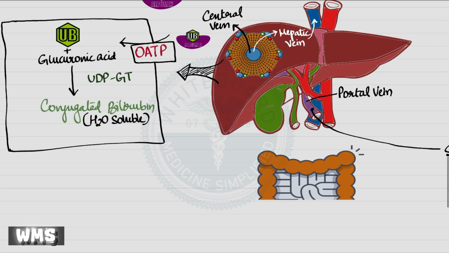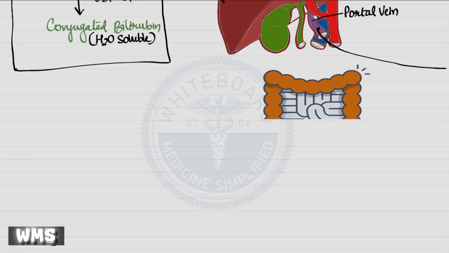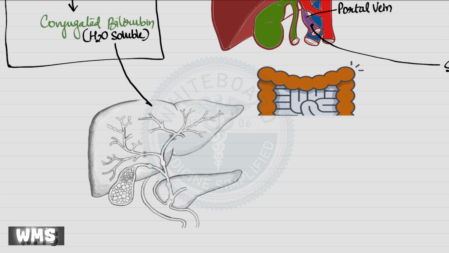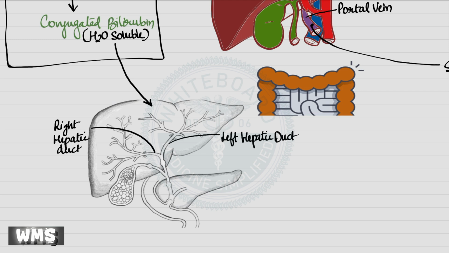Once formed, the conjugated bilirubin is actively secreted from the hepatocyte into tiny channels called bile canaliculi. From there, it flows through the biliary tree, passing into the right and left hepatic ducts, which then merge to form the common hepatic duct. The bile can be stored in the gallbladder or directly flow onward.